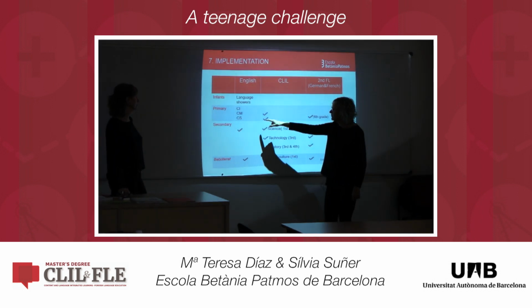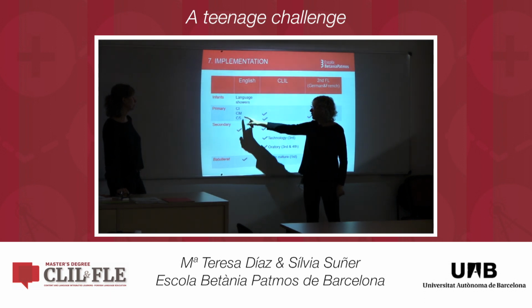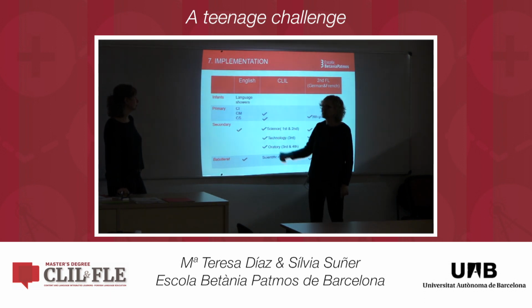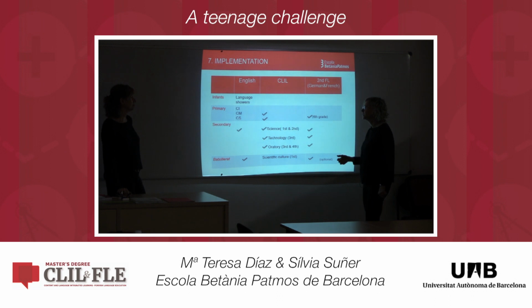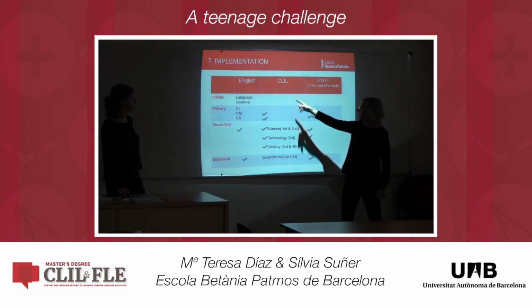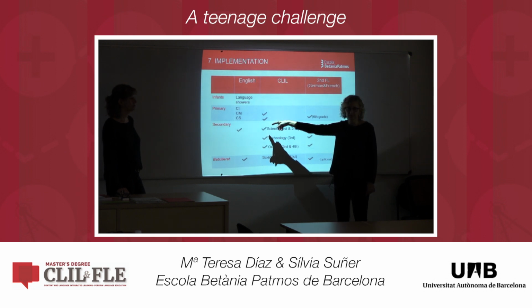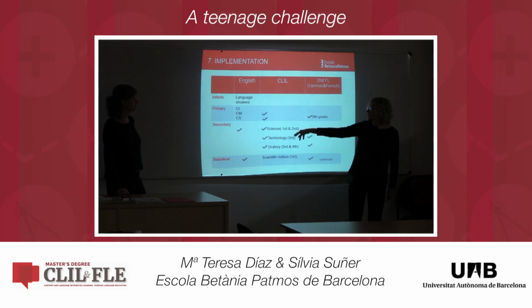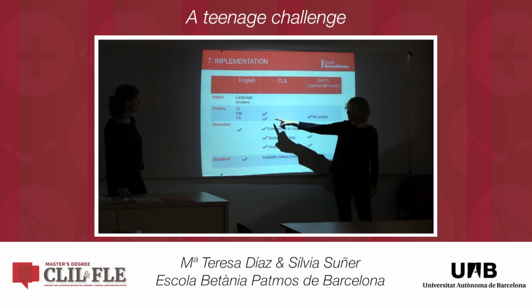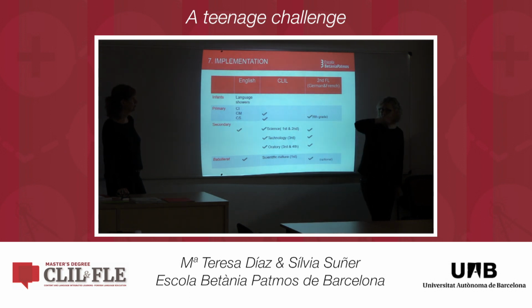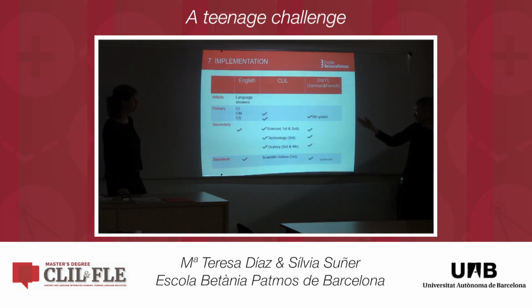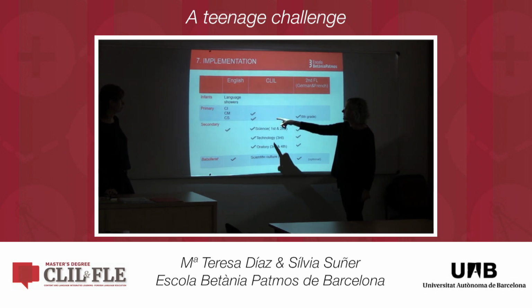Then in primary, in all 6 years, they will have about 4 hours of English, and added to that, there will be CLIL in 3rd, 4th, 5th, and 6th, 2 hours per week, and that's science. We don't do the social science, so it's just the natural sciences.